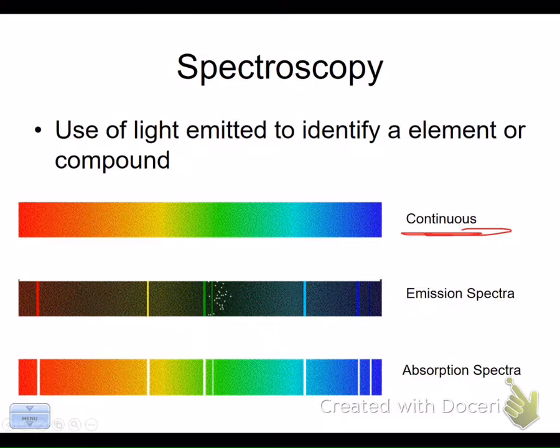Some atoms only have the ability to give off specific wavelengths because their energy levels are set. When an electron travels from energy level 3 to 2, for example, that difference in energy corresponds to only one piece of the continuous spectrum, and that's what we see as a single bar or a single wavelength of light. So that's an emission spectra, when it glows and gives off that light.